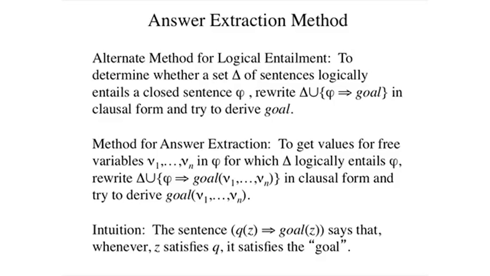Given a goal phi with free variables nu1 through nu-n, we add the goal sentence, phi implies goal of nu1 through nu-n, to our premise set, and try to derive a clause containing just goal literals. If we manage to do this, then the arguments to the goal literal are the answers to our original question. By adding this new type of goal sentence to our premises, we're in effect saying that if anything satisfies our goal sentence, then it satisfies our goal.